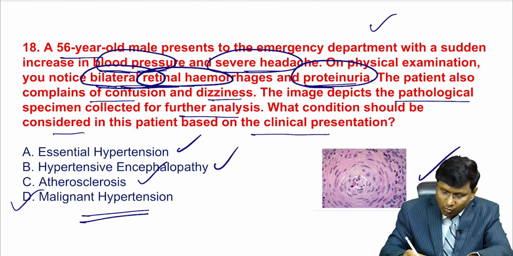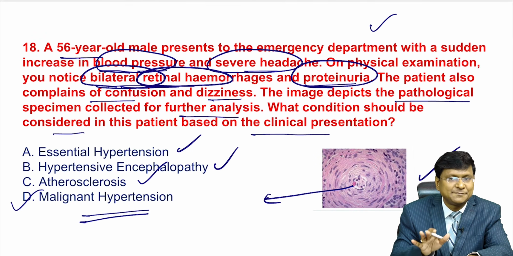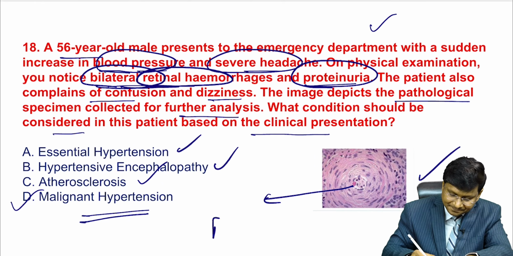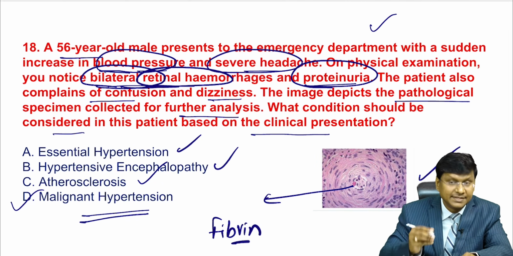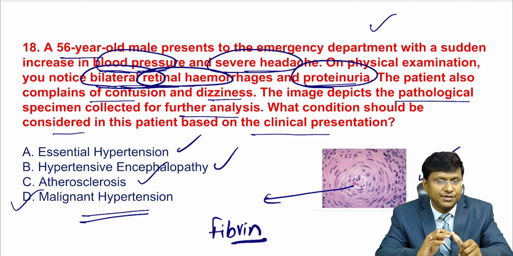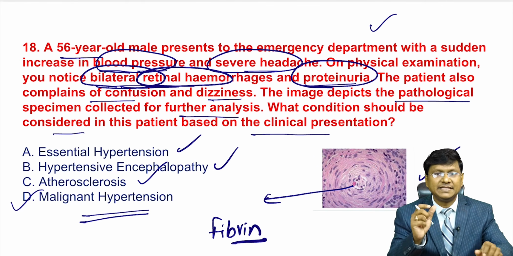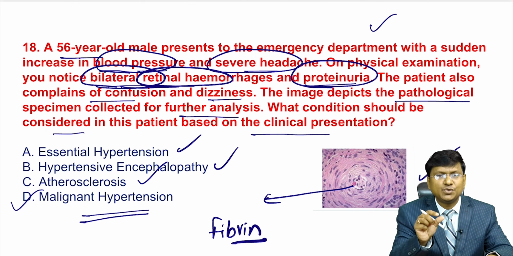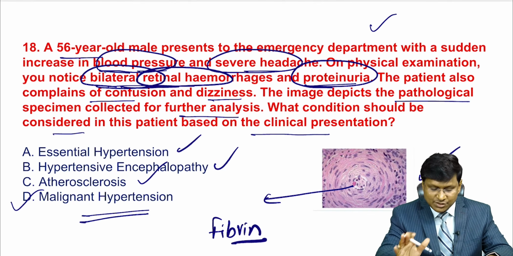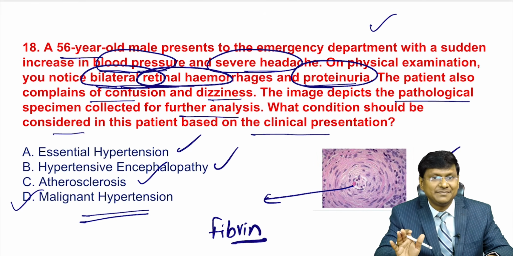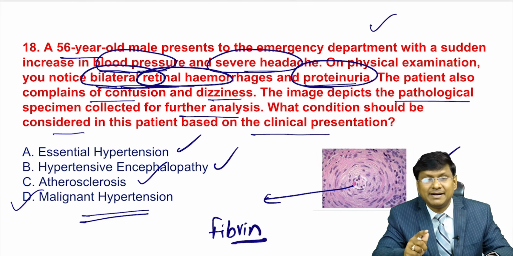What you are able to make out in this pathological specimen is the fibrin deposition in the arteriolar wall, associated with diffuse necrotizing vasculitis. This is the pathological specimen that you will have in patients with malignant hypertension.